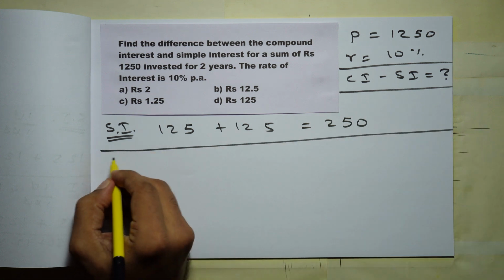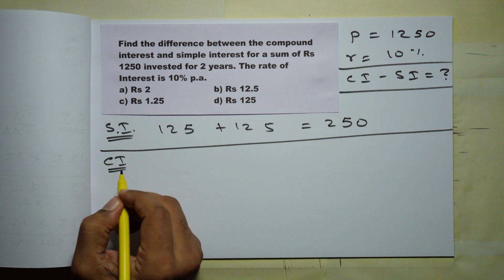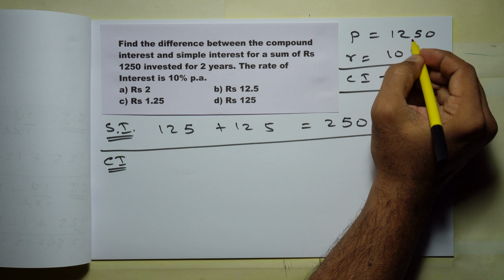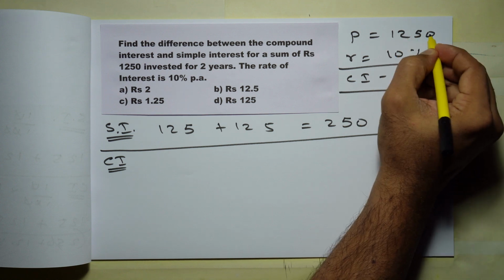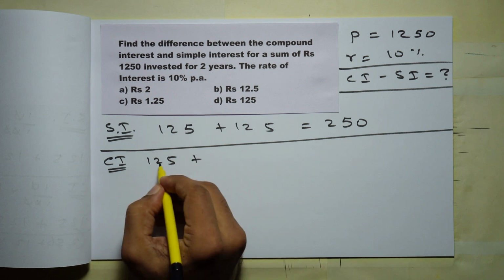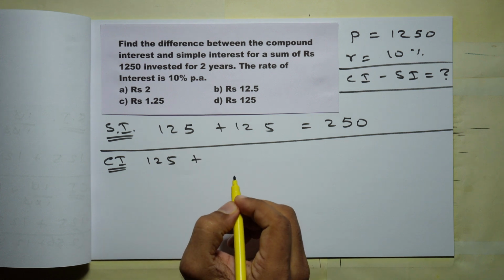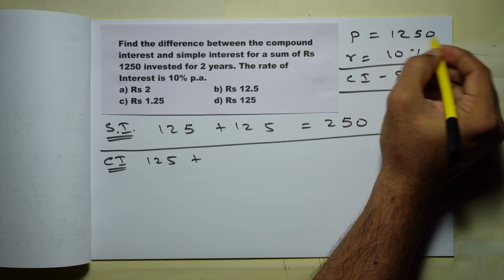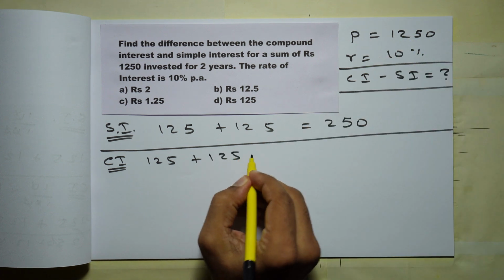Next, let us calculate the compound interest for 2 years. Now, first year's compound interest is R% of principal. That is 10% of 1250. You will get it as 125. Next, let us calculate the compound interest for the second year. You will get this R% of principal, 10% of 1250. You will get this 125.